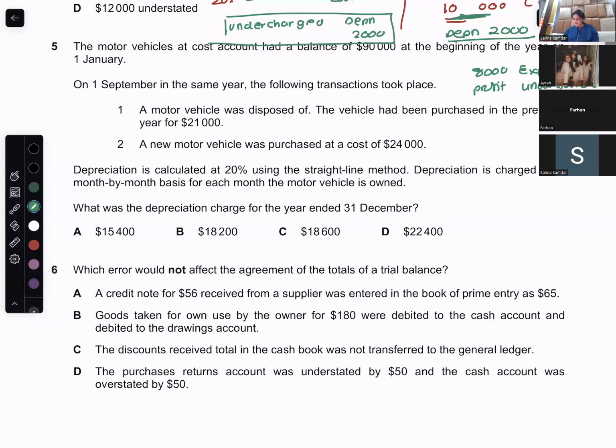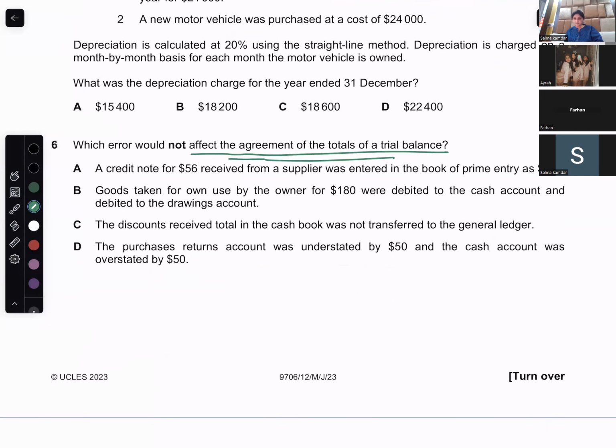Farhan, please explain question number 6. Which error would not affect the agreement of the totals of a trial balance? A says a credit note for 56 received from a supplier was entered in the books of prime entry as 65. What does this mean?